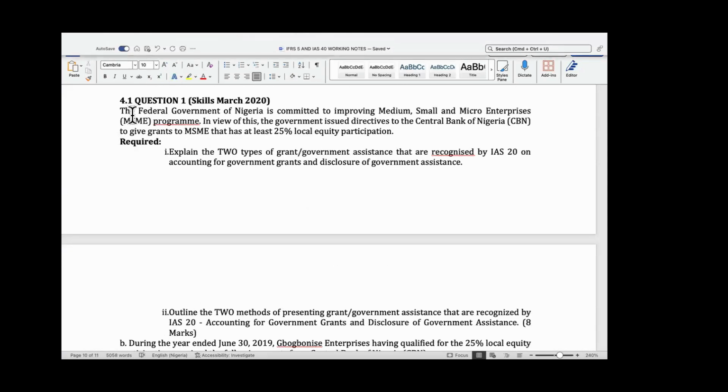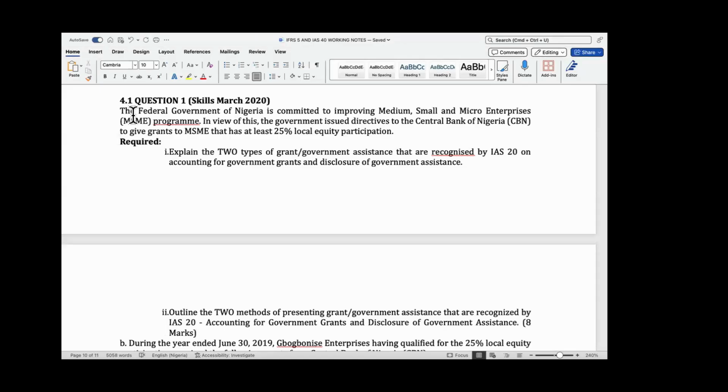So for this one, they say that the federal government of Nigeria is committed to improving the medium, small, and micro enterprise program. In view of this, the government issued directives to the CBN to give grants to MSMEs that have at least 25% local equity participation required.